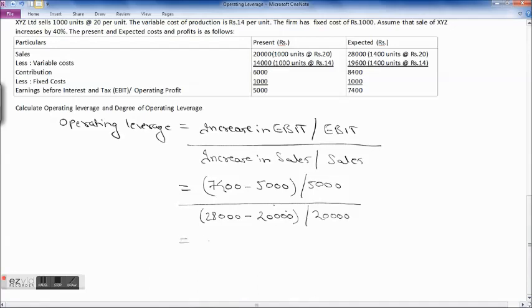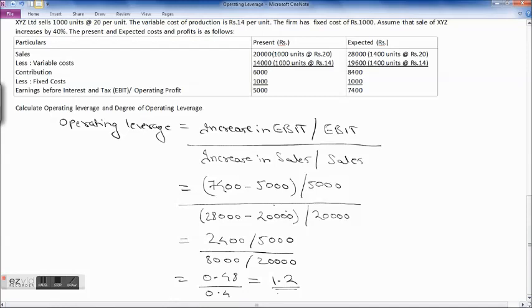So it comes to 2,400 upon 5,000, upon 8,000 upon 20,000. That is 0.48 upon 0.4, so it is 1.2. 1.2 is the operating leverage.